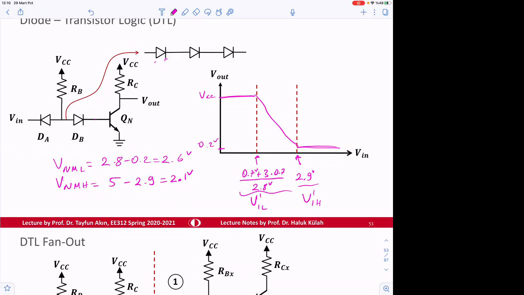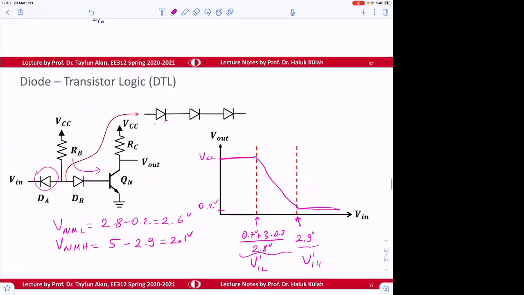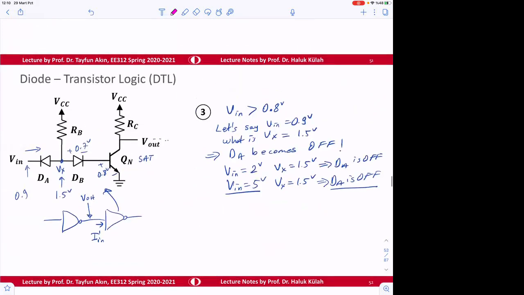Yes. So here, the assumption was that when this thing is off, the resistance values RB and RC are selected properly so that QN can go to saturation. So maybe here I should have said this, okay?